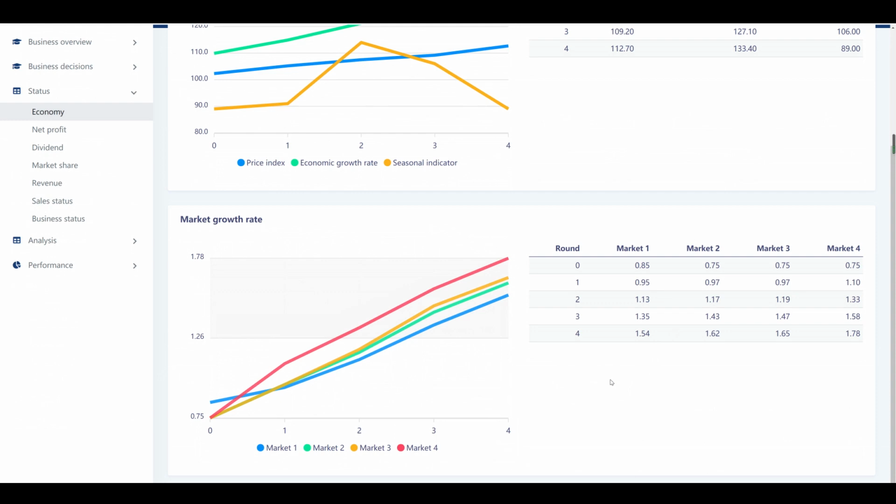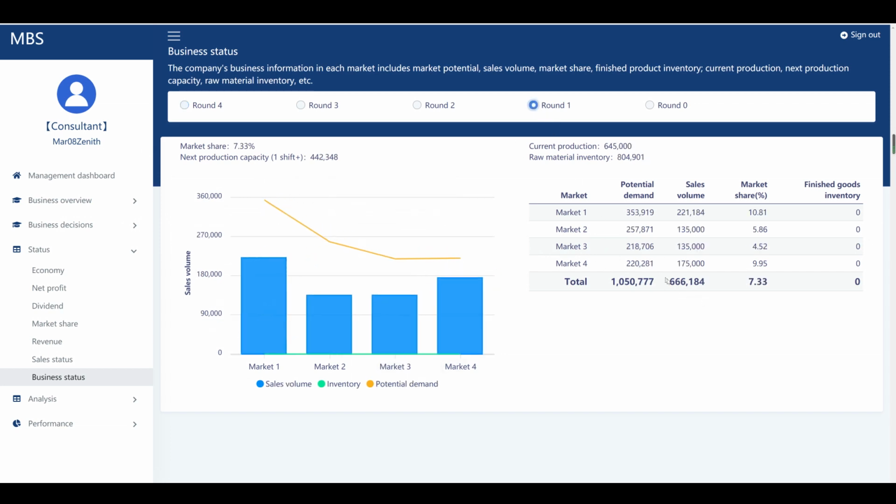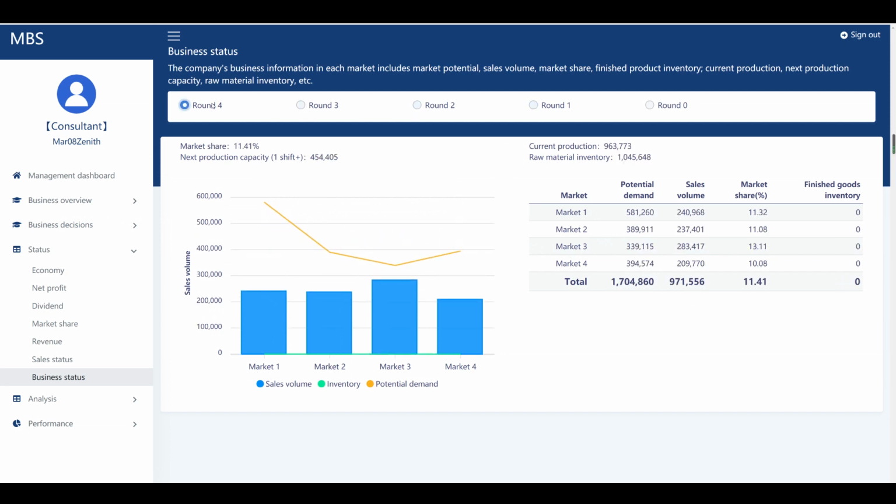So we will take a look at the company named Zenith. From round 1 to round 4, the sales volume are less than the potential demand. That means the company is running out of stock and the market is way better than you expected.